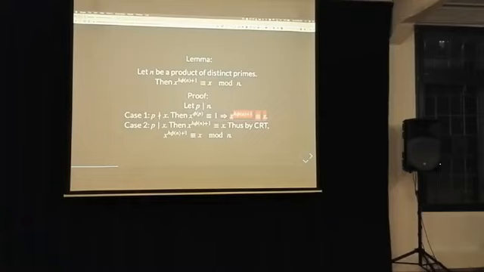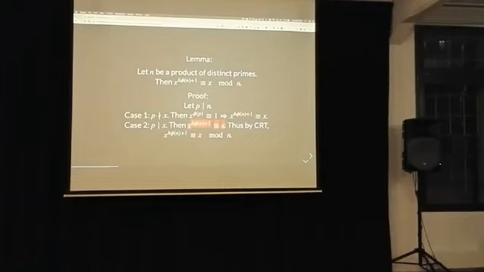Then we get the congruence immediately because both sides are congruent to 0 mod p. The reason these two are congruent to each other mod p is that they are both congruent to 0 mod p, because we are assuming that p divides x.